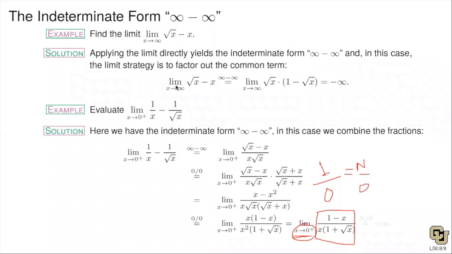So for that, I just plug in a point. For example, if I'm looking at the x-axis and 0 is right here, I'm taking a limit coming in from the right. So for example, I just picked 0.1 to plug in.